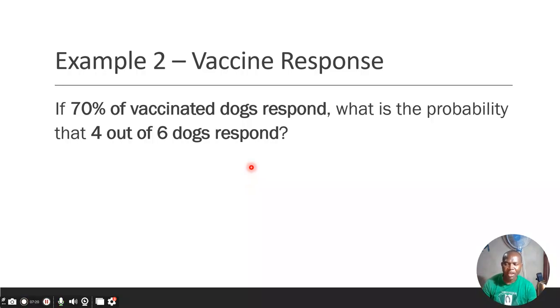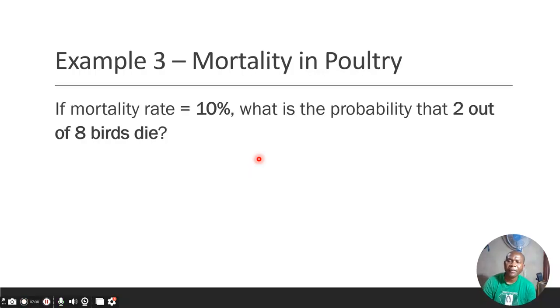Now we have a picture of how questions on binomial distribution are framed. Let's look at a few questions that we can actually solve conclusively. The third example is on mortality in poultry. If the mortality rate is 10%, what is the probability that 2 out of 8 birds actually die? So this is another example, a bonus.